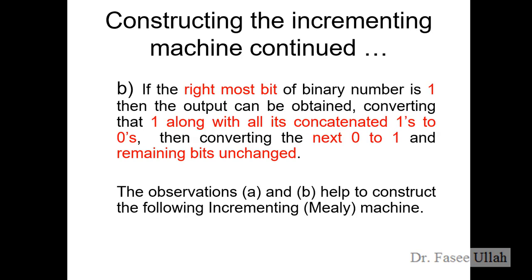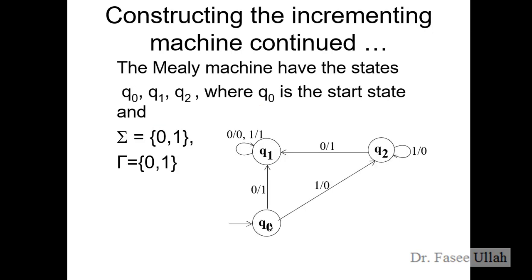The derivations A and B help to construct the following increment Mealy machine, right? So based on that explanation, we can construct the increment machine using the concept of Mealy. We can do it this way. We already know we have 3 steps.